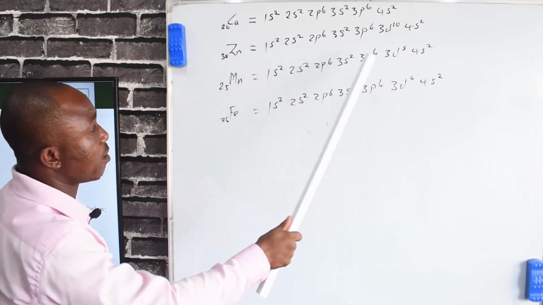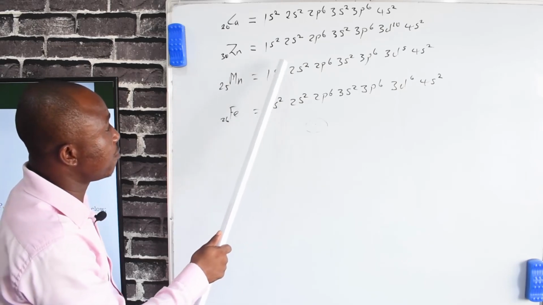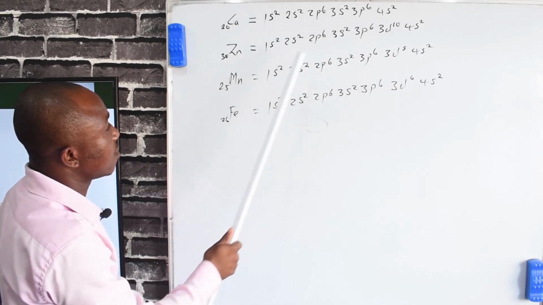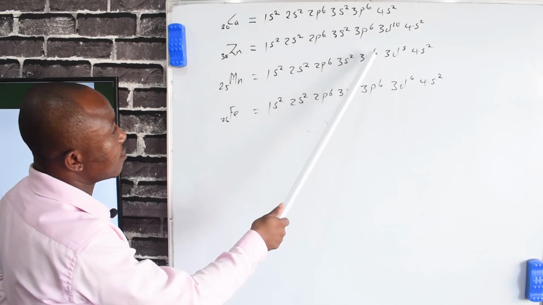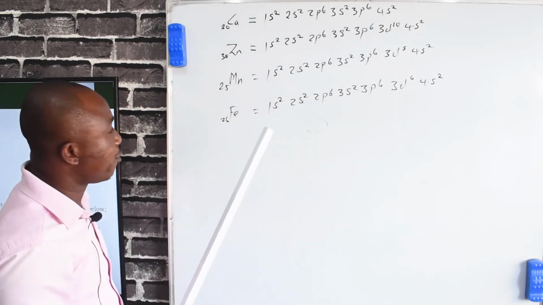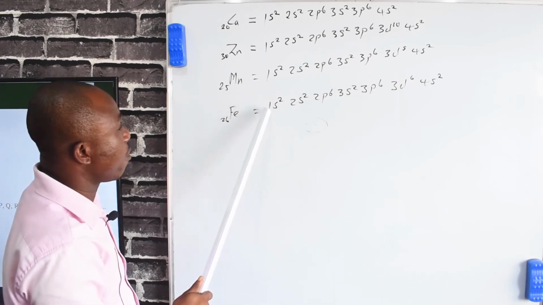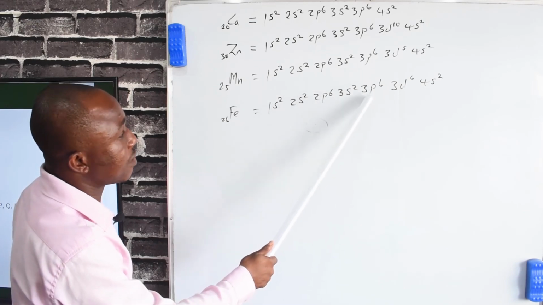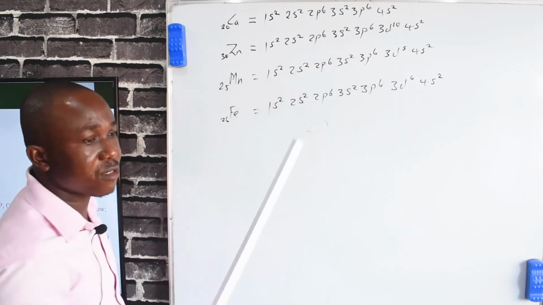Let's check the total number of electrons in the shell: 2, 4, 10, 12, 18, 20, and 25. Therefore, iron that has atomic number of 26, we have 1s2, 2s2, 2p6, 3s2, 3p6, 3d6, and 4s2.